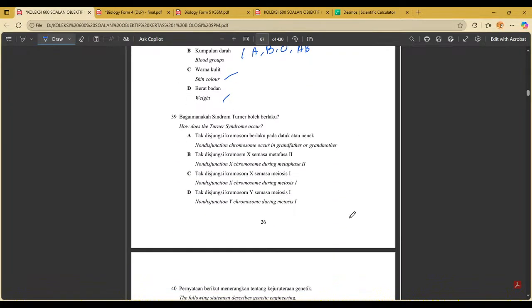How does Turner syndrome occur? Turner syndrome is non-disjunction during the first meiosis, I think. It's non-disjunction, I think, of the Y chromosome during the first meiosis. 39.